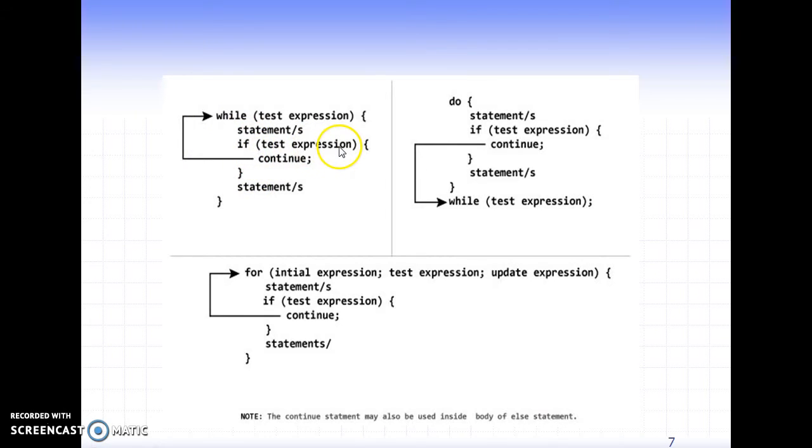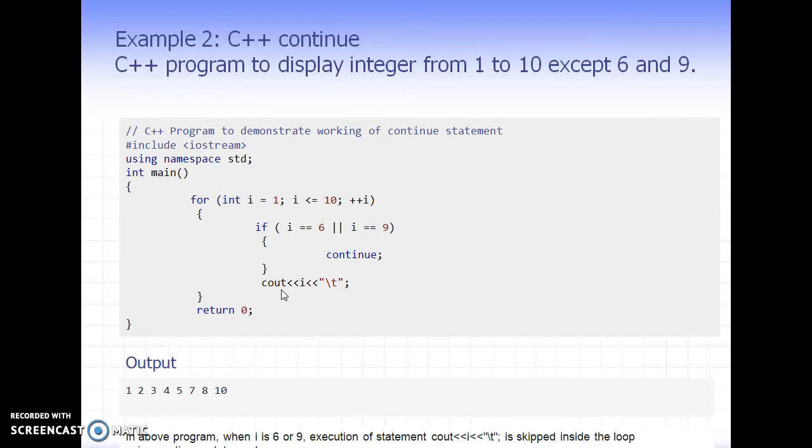Till the test expression for the if is true, it keeps on continuing here, so it doesn't go ahead. As soon as the expression fails, the control comes out of this if construct, the statements are executed, and then the while loop gets over with the expression. The same way it happens for the do loop and the for loop.